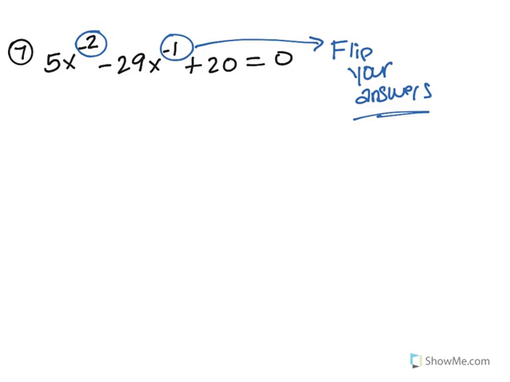I'm going to factor it normally, okay? So I'm going to do my 2 parentheses. I have a plus sign back here, which means I'm adding to get 29. And my front number only has one factor, so I can only use 5 and 1 with x, 5x and 1x in the front.